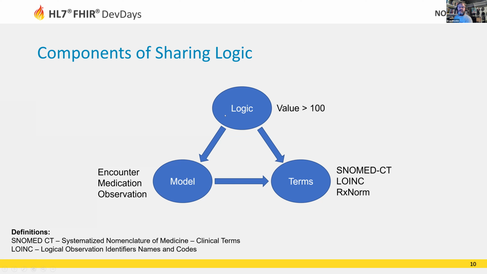But we intentionally keep the definition of those aspects out of CQL as a language. So you can say I use something like FHIR to describe the data of interest, and I use SNOMED and LOINC to provide meaning within those logic statements, but I don't define my terminology or my model within CQL.